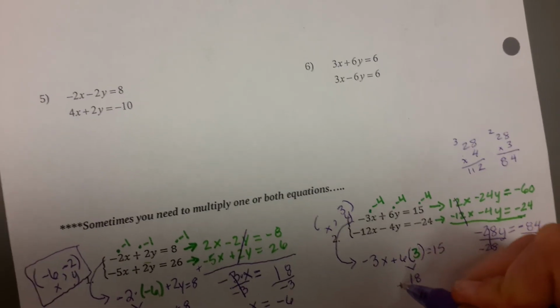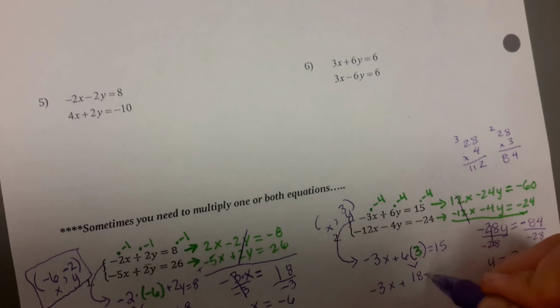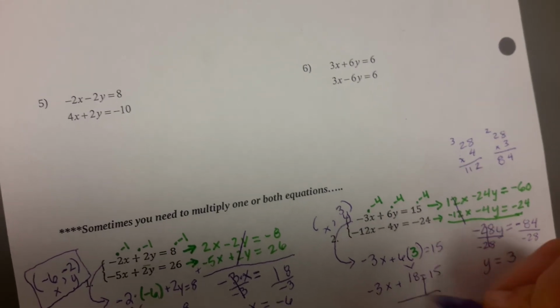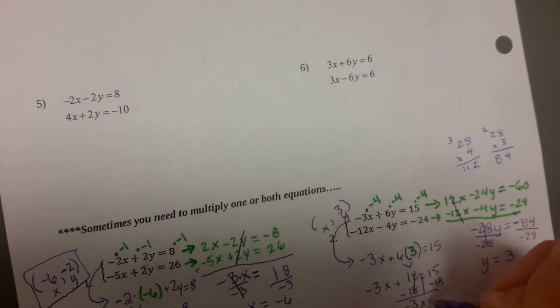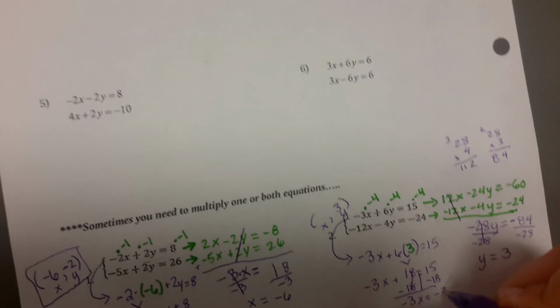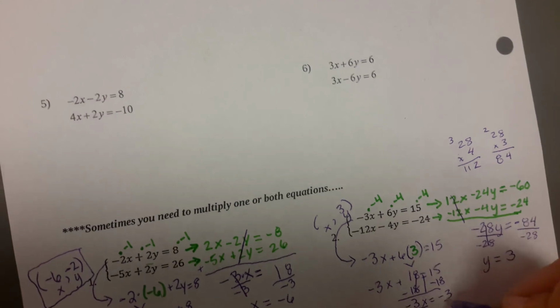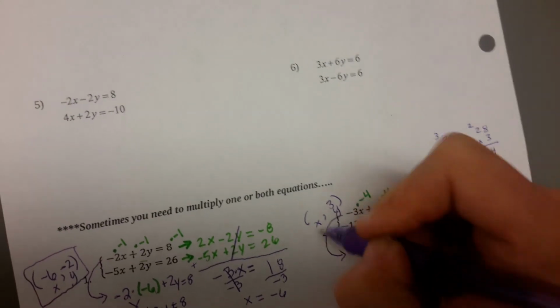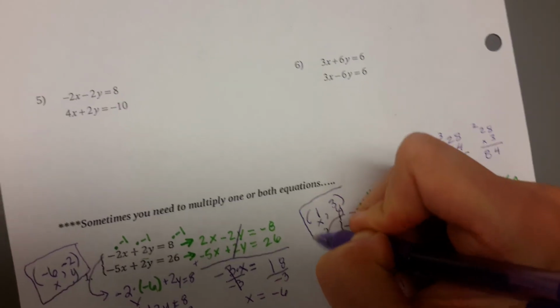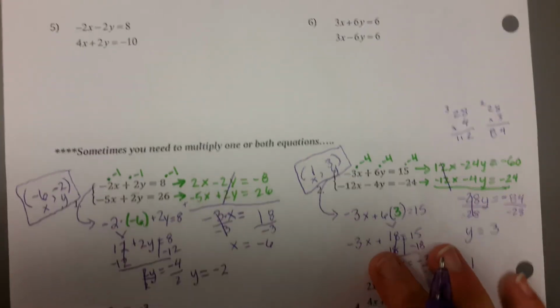That's 18, drop down the rest. Now inverse operations. Subtract 18, subtract 18. -3x equals 15 minus 18 is -3. You divide. X equals a +1. So there is my solution.